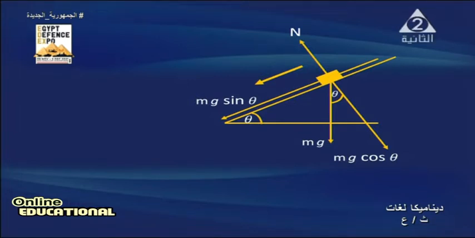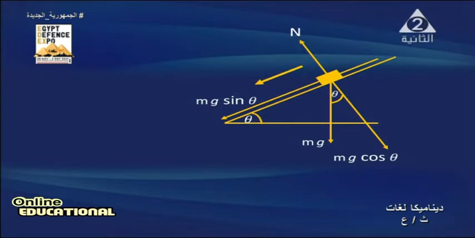The weight equals mg. The two components of the weight are mg sine theta in the direction of the line of greatest slope downwards the plane, and the other component, mg cosine theta, in the direction perpendicular to the plane. And the reaction of the plane on the body equals n.